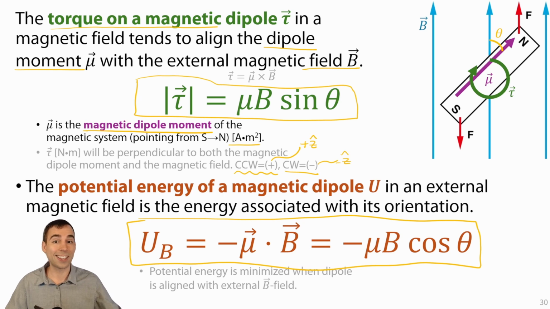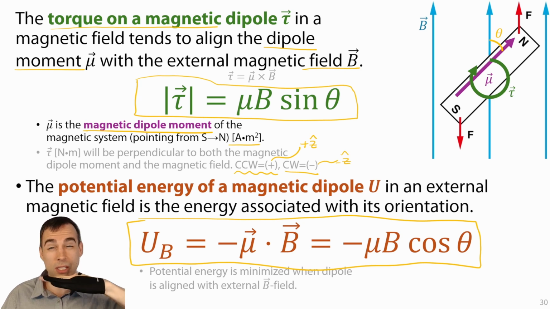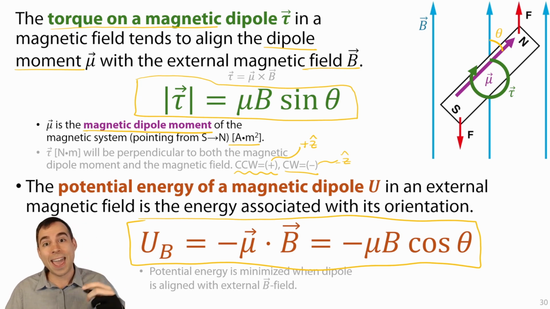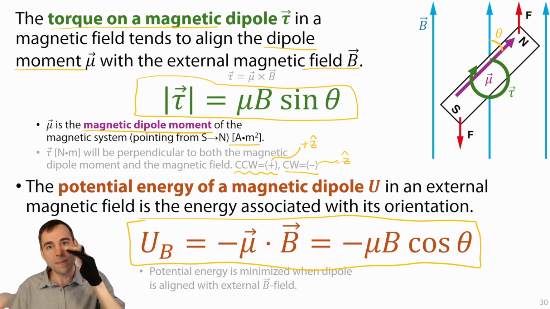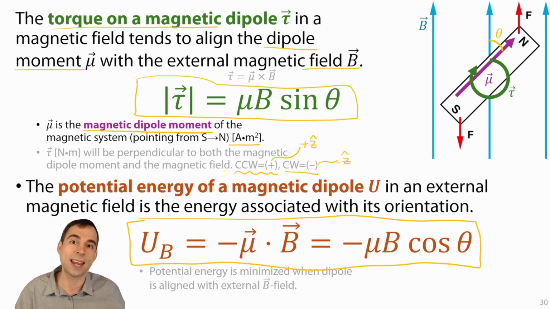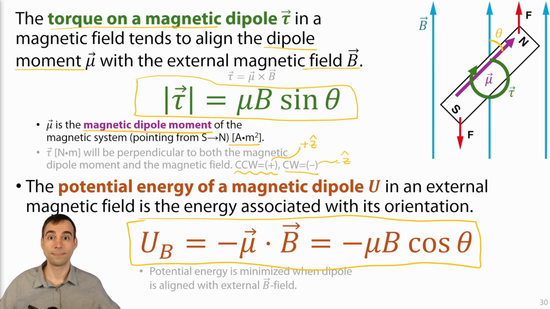Or we could calculate that value as being negative mu B cosine theta, where theta is the angle between the two vectors, the magnetic dipole moment mu and the external magnetic field B. In this way, we would see that the alignment of the dipole with the external magnetic field will say something about the torque that it'll feel and something about the amount of energy stored up in that system at a given point in time when I look at it at a certain orientation.